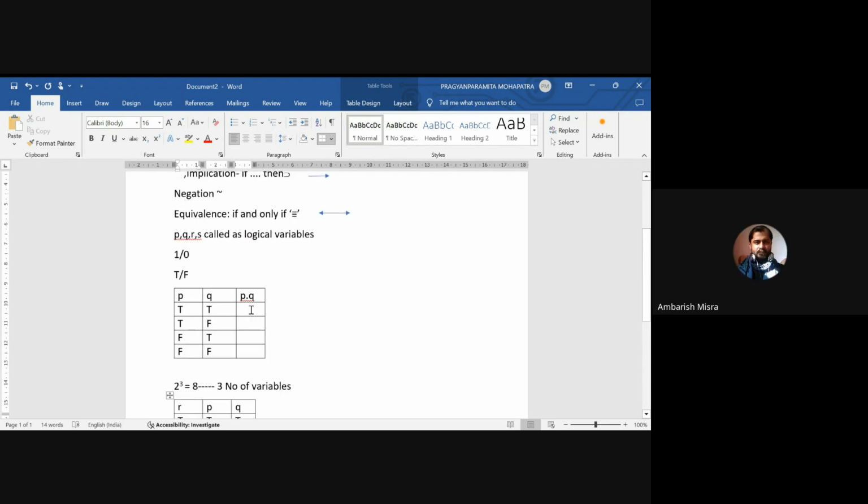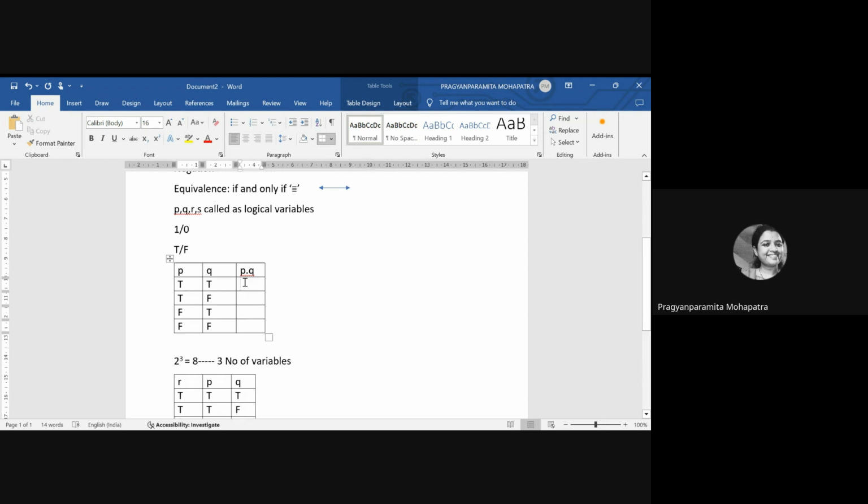Yes. Okay, so here let's go back to the conjunction operator and how we can decide the truth value of this conjunction. So P conjunction Q will be true if both the conjuncts are true.